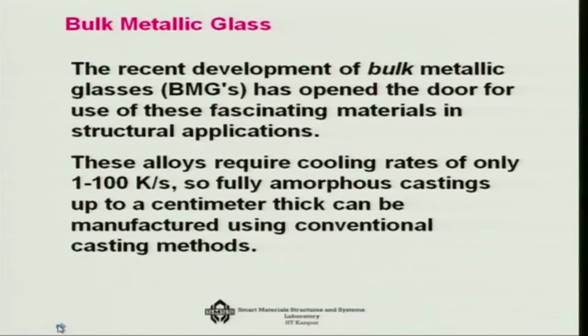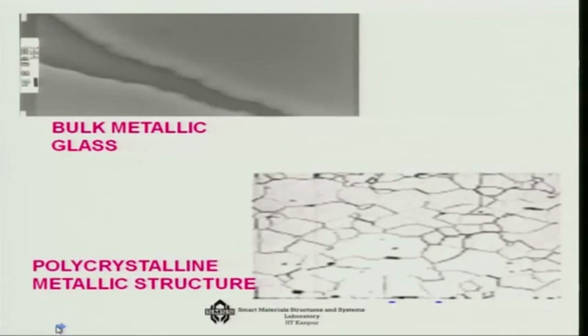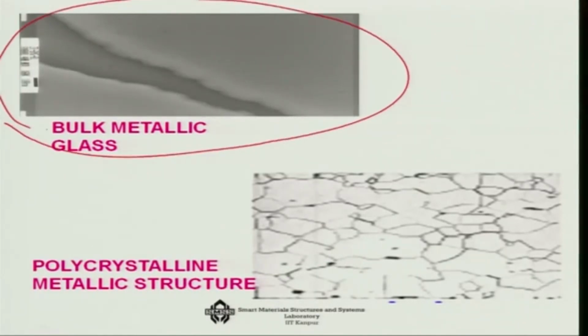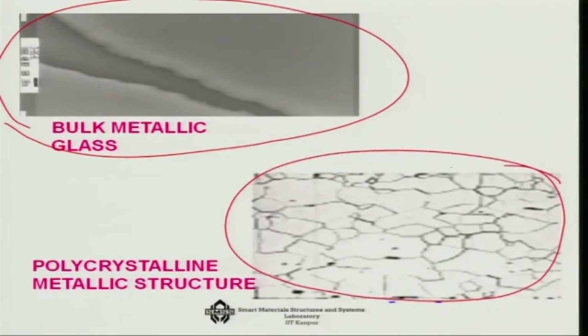Now, the bulk metallic glass is something in which this cooling rate is brought down to something like 1 to 100 Kelvin per second, and that is possible because of some kind of eutectic mixtures that today we can prepare. For example, you can see that this is a bulk metallic glass structure, and you can see in the SEM picture that there is no grain, unlike this polycrystalline metal structure where you can see so many grain boundaries.